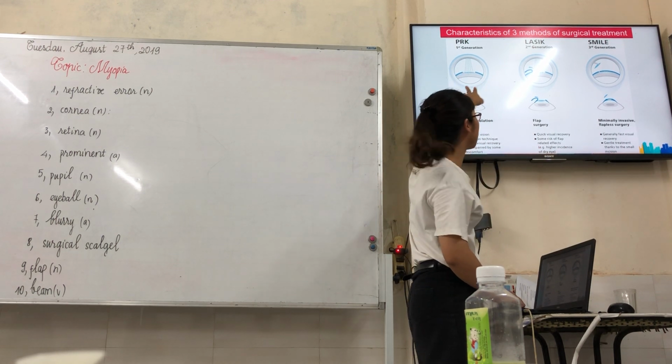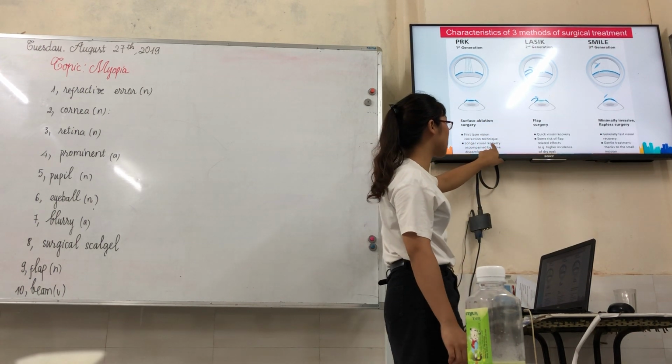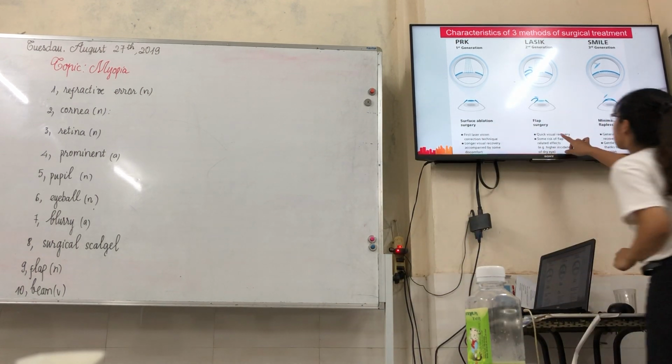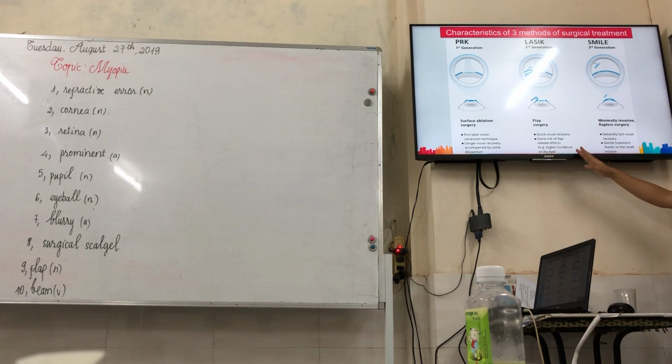It is the first generation. So the long visual recovery is accompanied by some discomfort. And the second, you can see that after using this method, the patient can feel dry eye for a long time, maybe for 1 year or 2 years, and they have to limit some heavy sports.